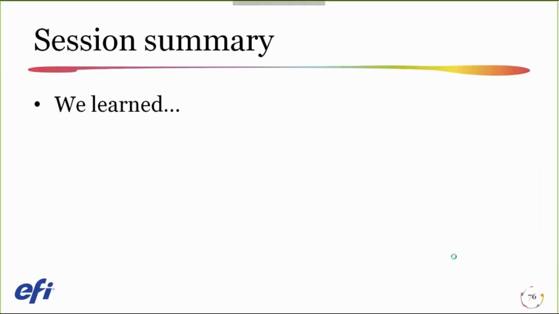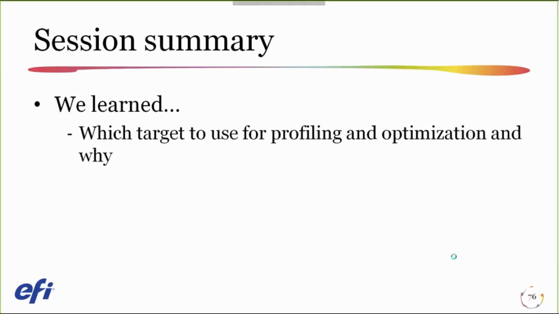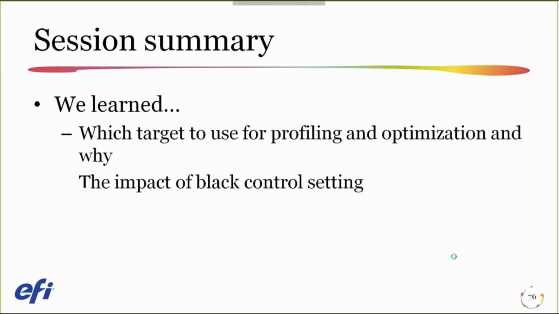So to summarize, today we learned which targets to use for profiling and which to use for optimization and why. The impact of the black control is very important when you're setting up your ICC profile to use the correct black control settings. But again, where do you start? The defaults.